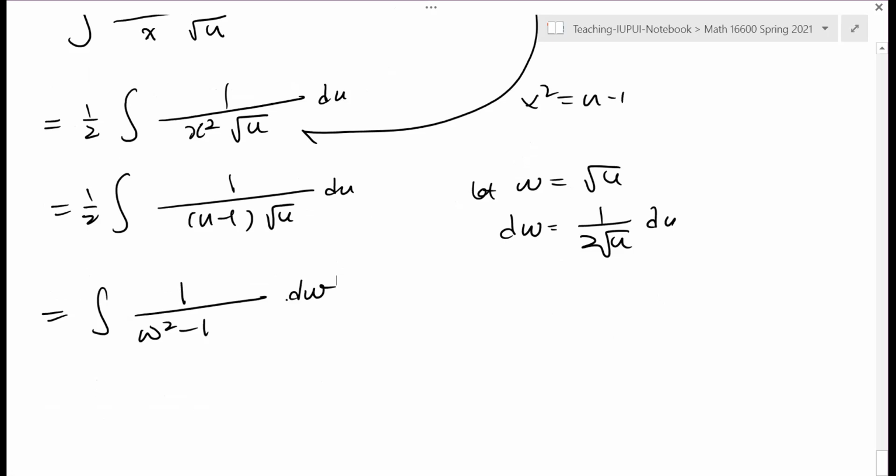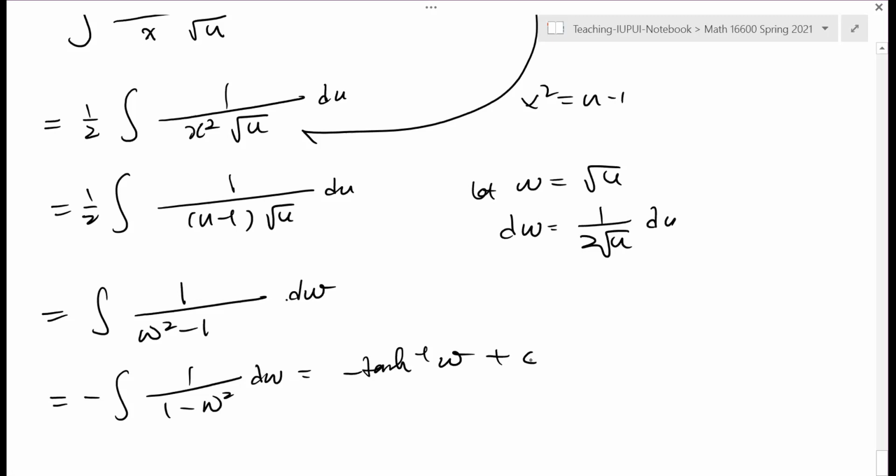And we already have the simple formula we can use. Remember, 1 over w squared, if we put a negative sign here, 1 minus w squared dw, it's going to be negative inverse hyperbolic tangent of w.